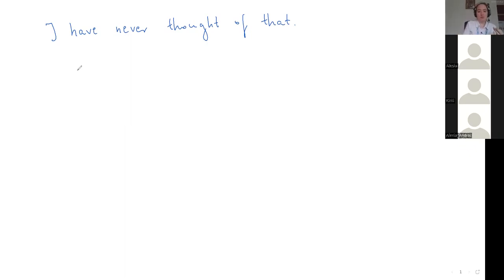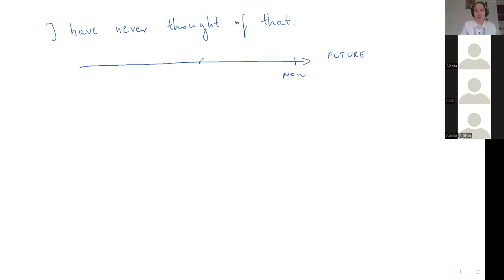Now, if we draw something that you probably know from the English course books, they really like those timelines. Here is now, and here is the future, obviously. If you say, I have never thought of that, that would pretty much mean that starting from some point in the past, it might be your birth, it might be the moment when you started learning one language, for example, but you have never thought of a construction in it or something.